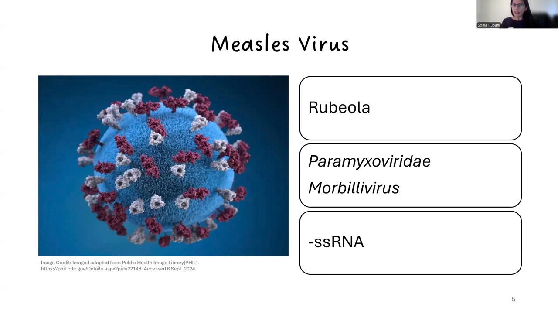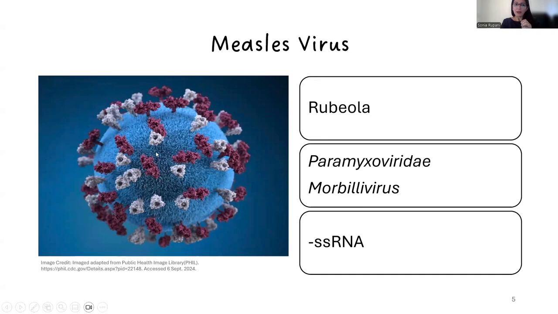If you look at this image on the left, this is a 3D representation of the virus, and we see all these studs. We're going to talk about two specific proteins here. The maroon one is the H protein, the hemagglutinin, and the gray one is the fusion protein, F protein. When this virus comes in contact with the host cell, it uses the hemagglutinin protein, the maroon one, to attach itself to the host cell.